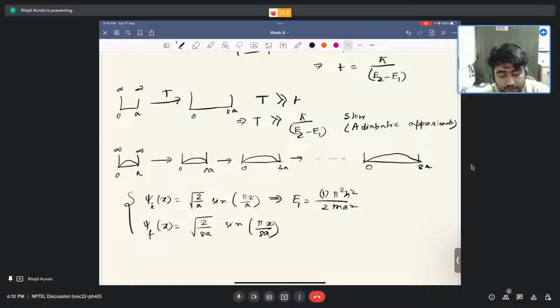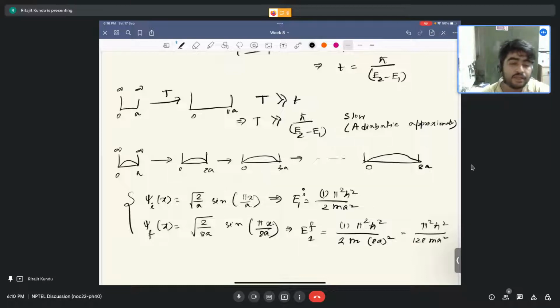Let me also mention an index i, and the energy of the final state is given by 1 times pi square h bar square by 2 m, and instead of a we'll be using 8a here. So that makes it 128 m a square.